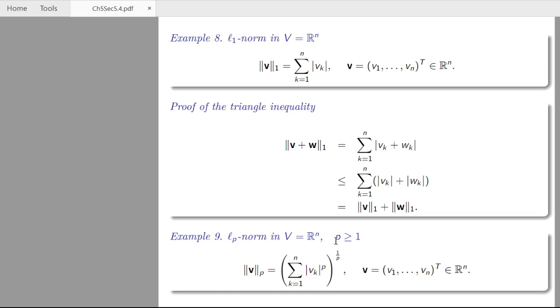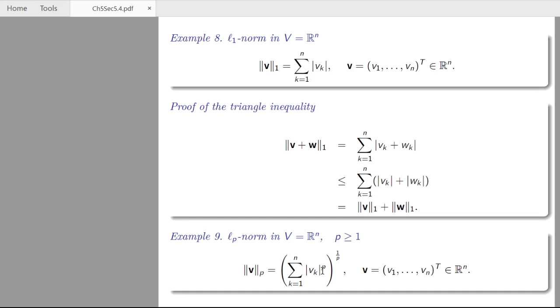We consider p a constant greater than or equal to 1. Then for a vector in Rn, we calculate the absolute value of each component, so vk takes the absolute value, then we raise it to the power p. We have to take the absolute value first because vk could be negative.